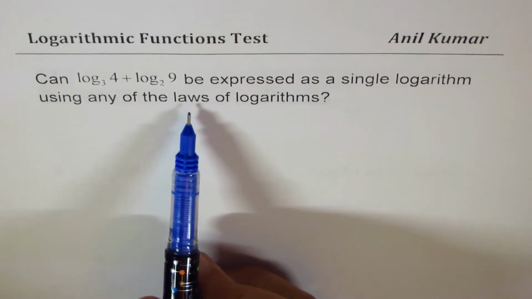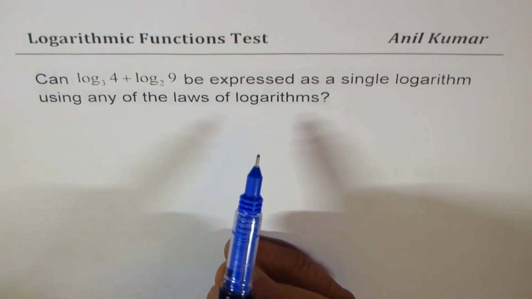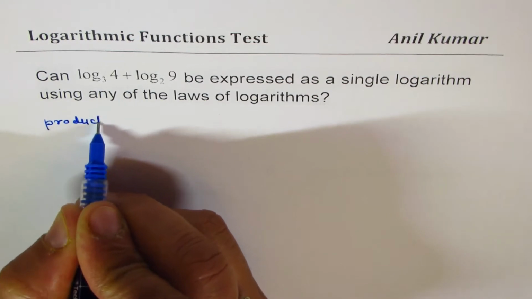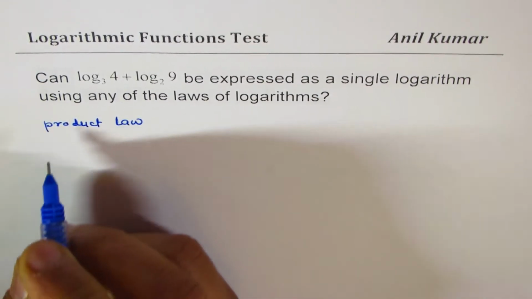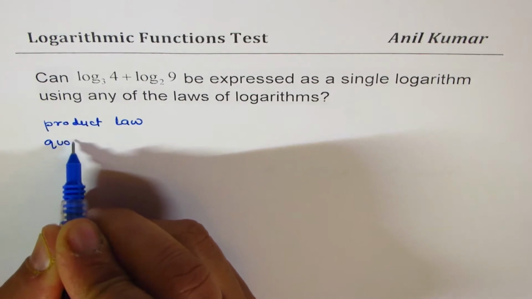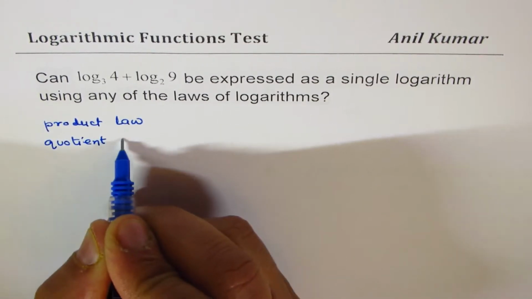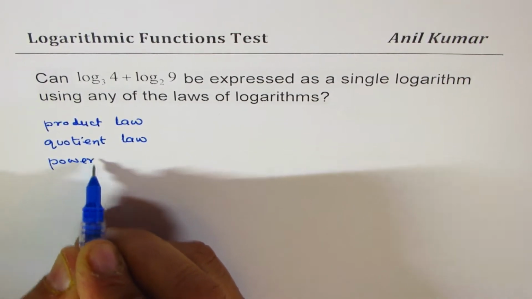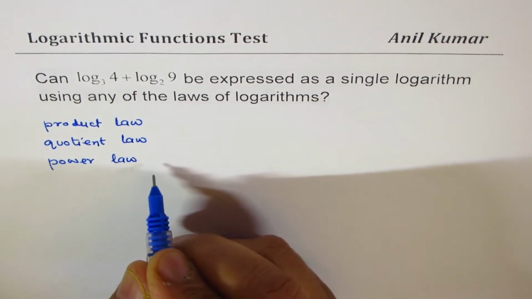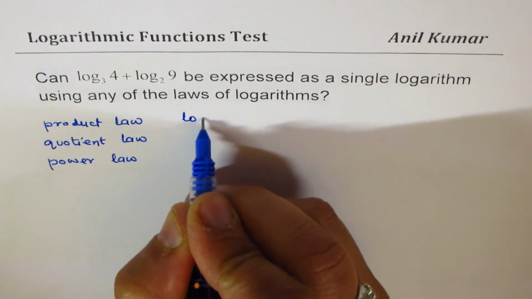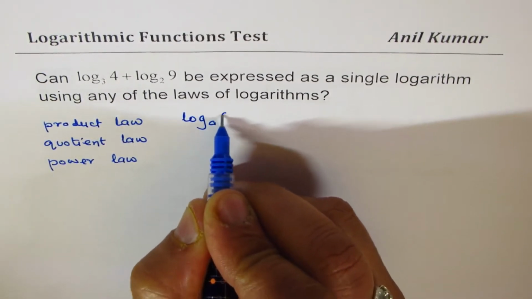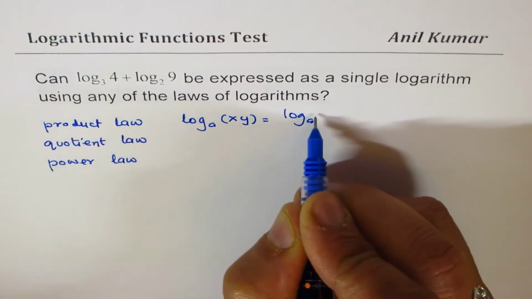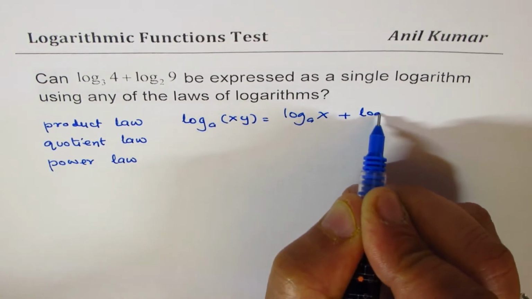So when we talk about laws of logarithm, we are looking into the product law, the quotient law, and the power law. When I say product law, it really means log to the base of something of x and y could be written as log to the same base of x plus log of y, as their sum, right?